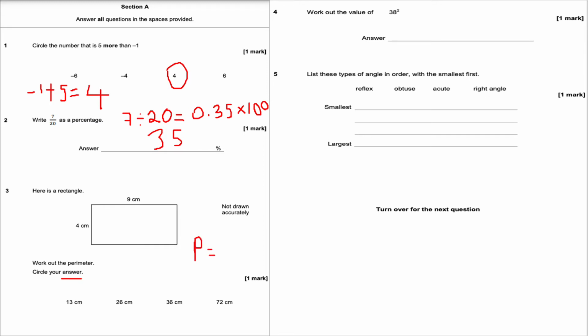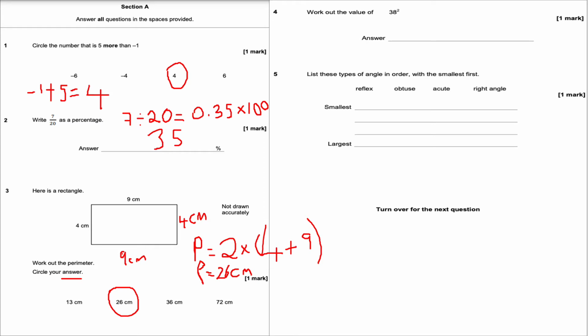So it's 9 plus 4 plus 9 plus 4, which I can rewrite in a slightly easier way: 2 lots of 4 plus 9. 4 plus 9 is 13, multiplied by 2 gives us 26. So that is going to be option number 2. The perimeter is 26 centimeters, which is the distance around the rectangle.